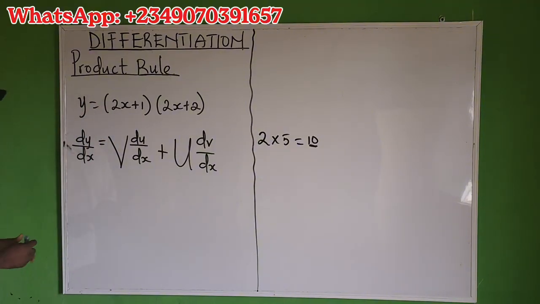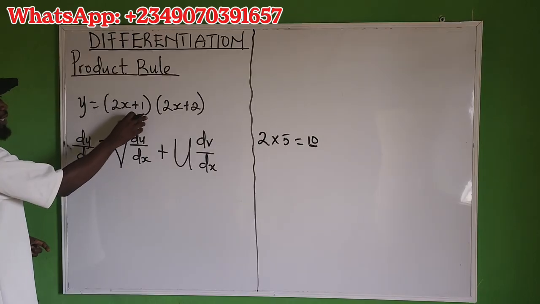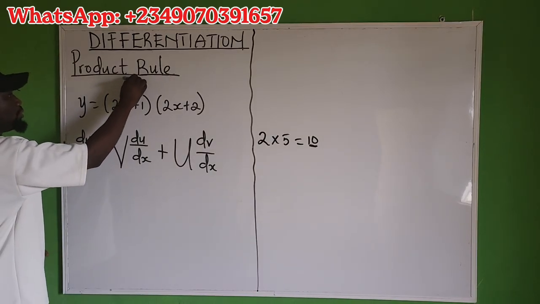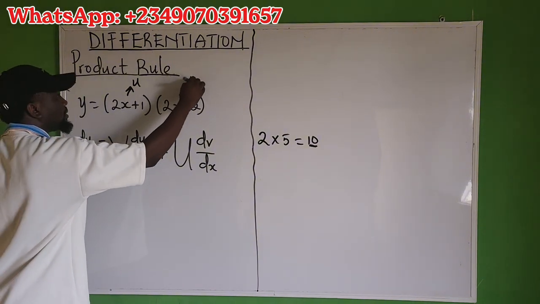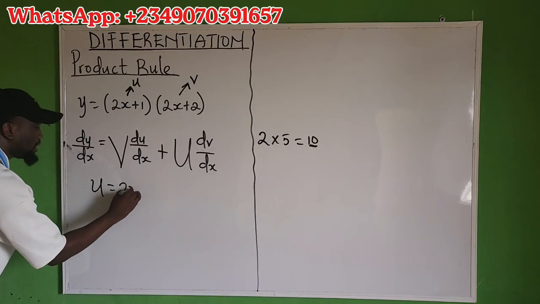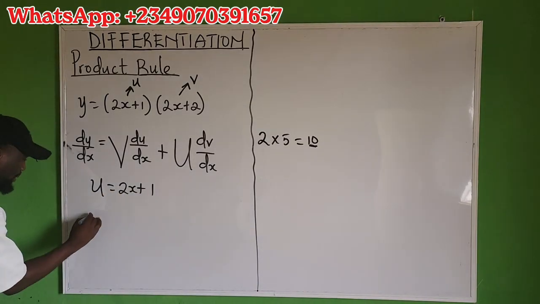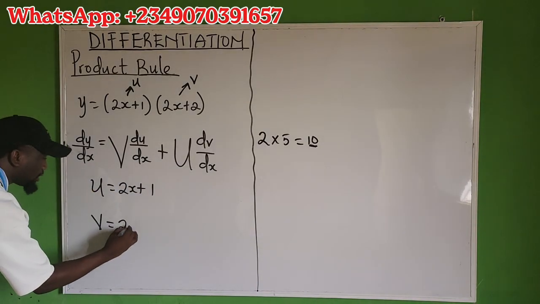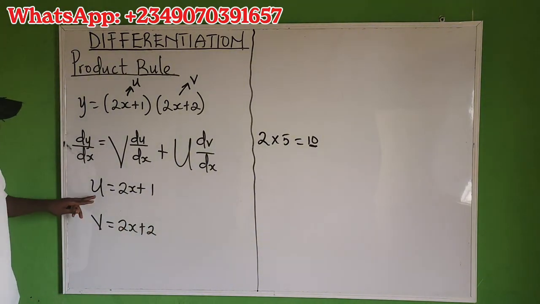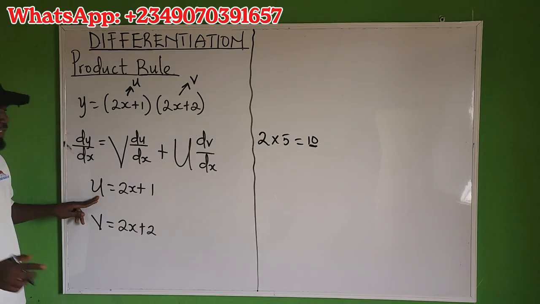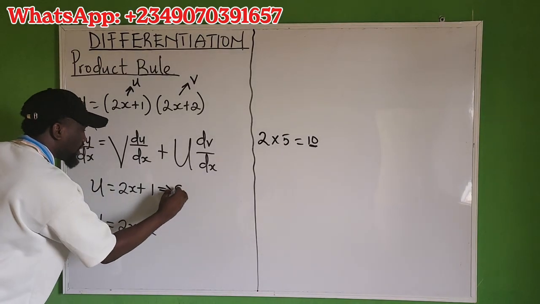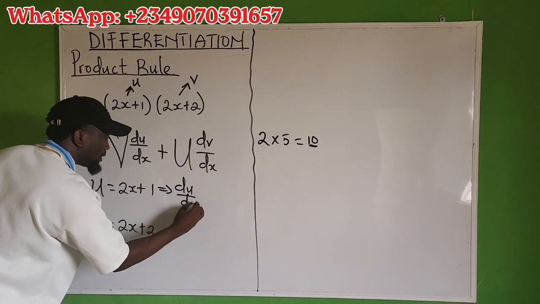For us to answer this question, the first value here is going to represent our u, and then we represent v. So I have that u is equal to 2x plus 1, and v is equal to 2x plus 2. The next thing, we are going to differentiate u with respect to x, that is, we are going to have du over dx.